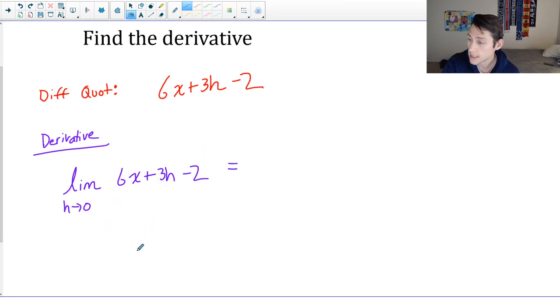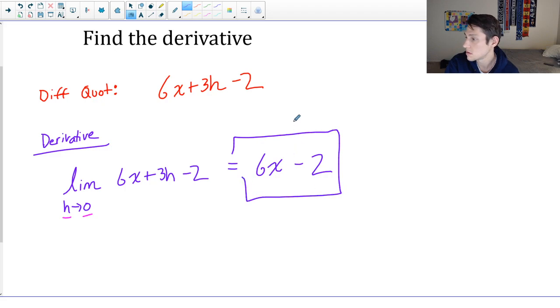When we're calculating a limit, the first thing that we try is always just to plug in the value. So let's plug in 0 for h. That would be 6x plus 3 times 0, so 6x minus 2. So this is the derivative, 6x minus 2.